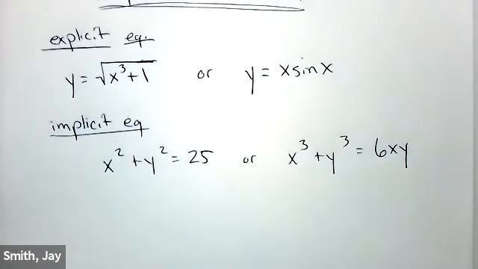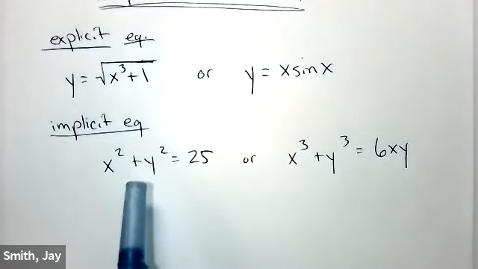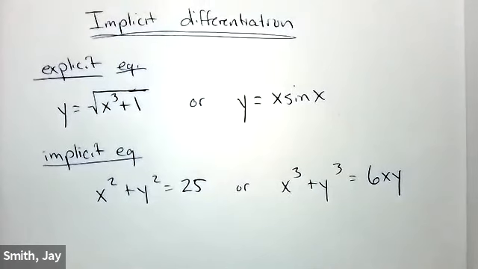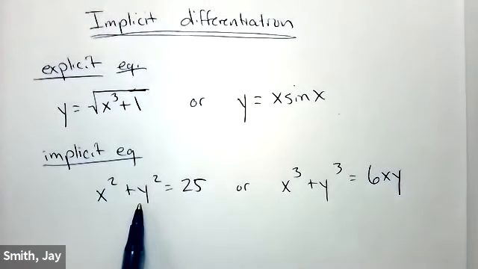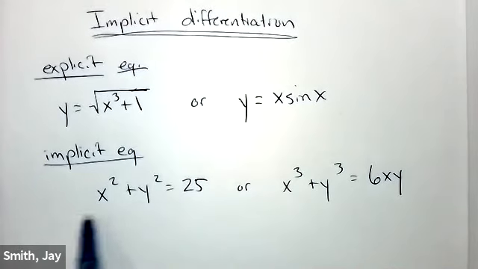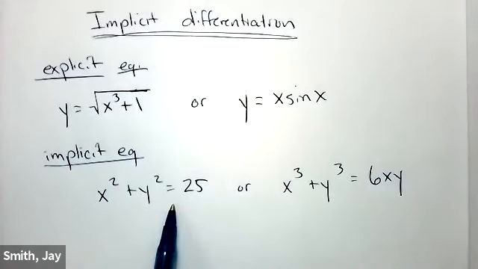A good note of when we're dealing with an implicit equation: you'll see x and y on the same side of the equation, or it's not easily manipulated to where we can isolate y by itself. Like here, if we had x squared plus y squared is equal to 25, yeah, we could solve this for y, but we end up with an equation that has two options. Or an easier way of thinking of it is that it's not easily solved to get y by itself.